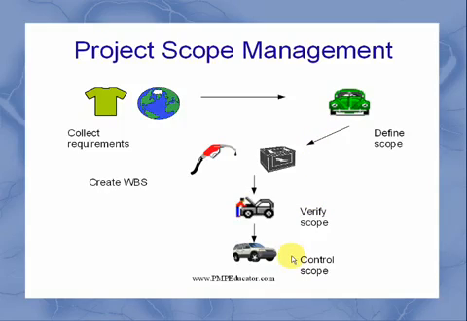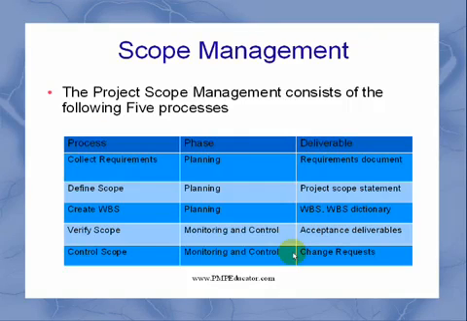Here I will discuss the 5 processes involved in project scope management. As I mentioned in the previous slide with some graphics, this is more in text format, and I just want to go through each process, which phase it belongs to and what the key deliverables are.